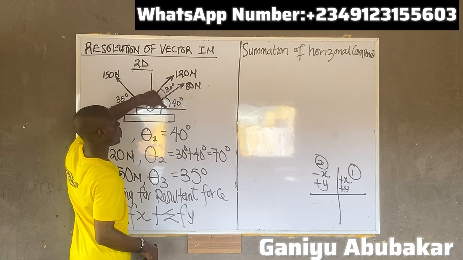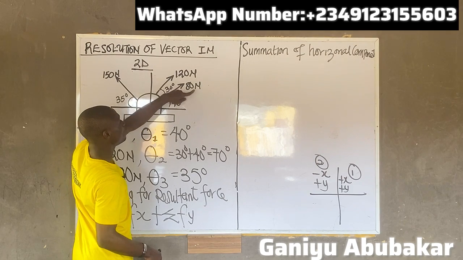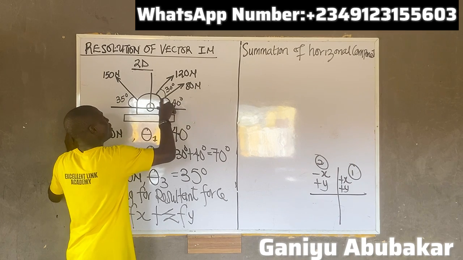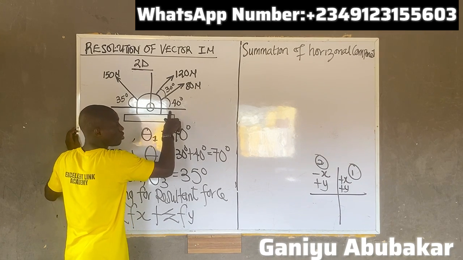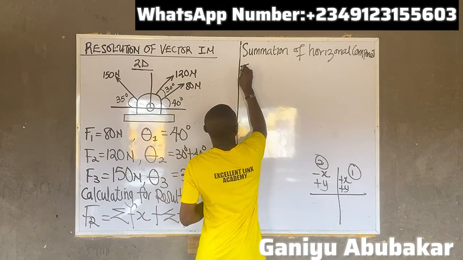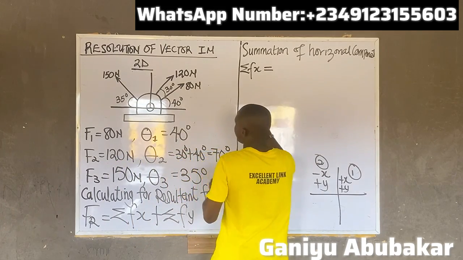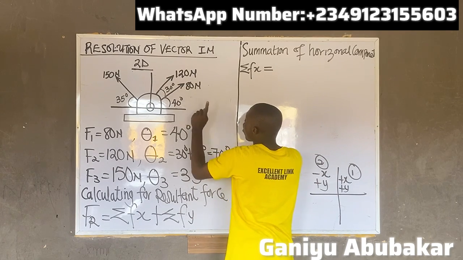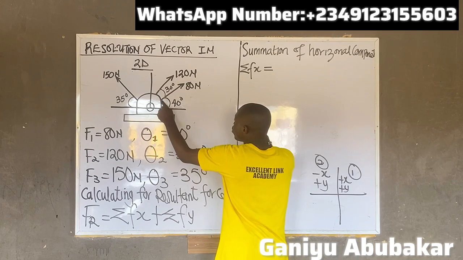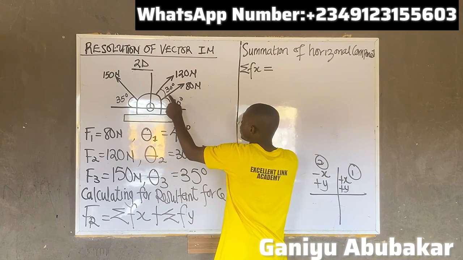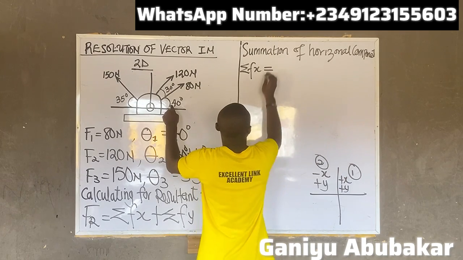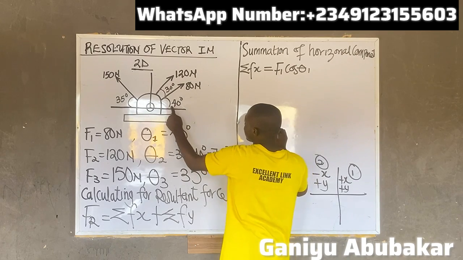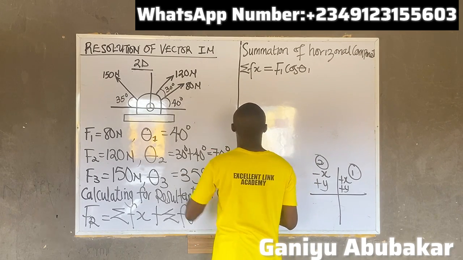If I resolve F1, that's 80 Newton, to the horizontal, observe that the angle is lying on the horizontal, so for this force the horizontal becomes cos. So the summation of Fx will be equal to F1 cos theta 1, because the angle is theta 1 and I've resolved to the horizontal.